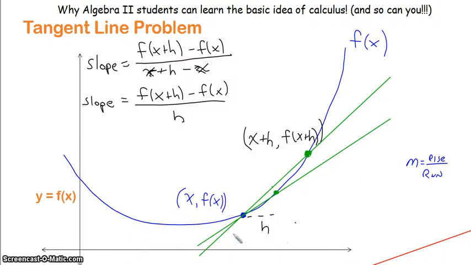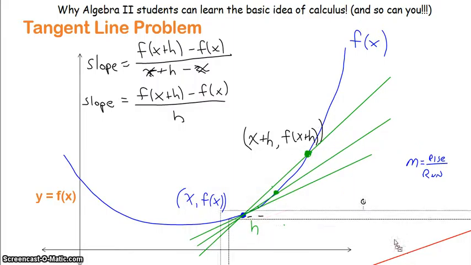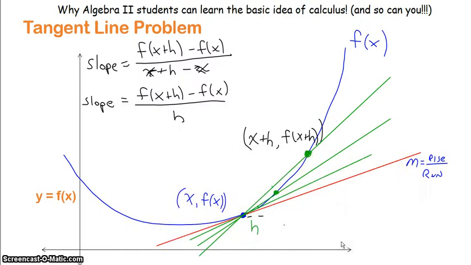And then if we can go half as big, we can go even smaller. So we'll go half of a half, a quarter as much. So now I have that line there. So we now have this tangent line. And our goal is to make h so small that eventually it just looks like that.